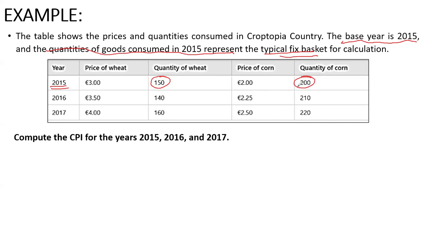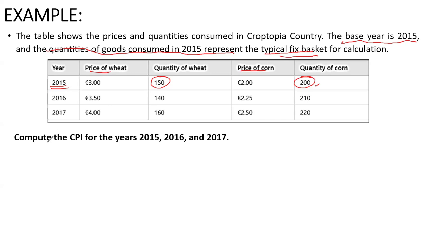So we have found the fixed basket, or the fixed quantity of goods that we are going to multiply by the price levels of these goods across the years. We have here the price for wheat and the price of corn across years.